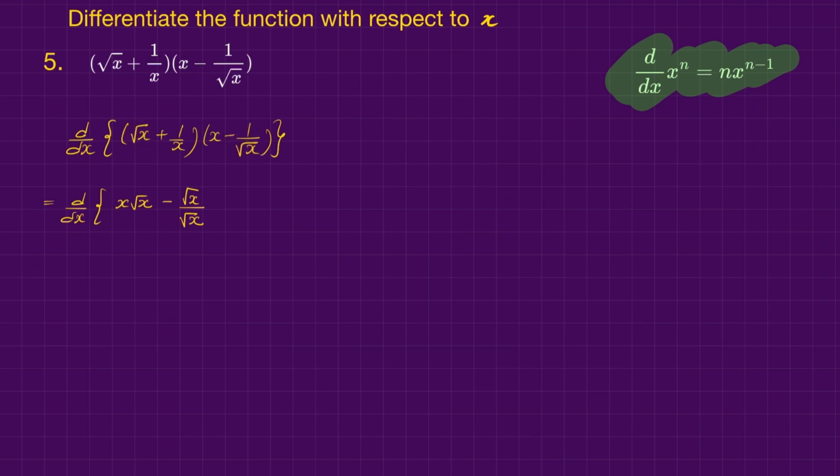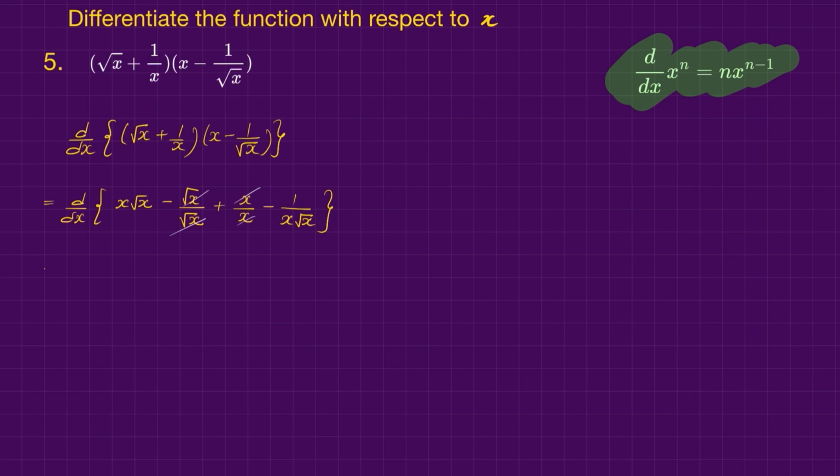Next we will multiply 1 over x and x, so we will have plus x over x. Lastly we will multiply 1 over x and minus 1 over root x, so it will be minus 1 by x root x. So clearly x over x simplifies to 1, root x over root x simplifies to 1.